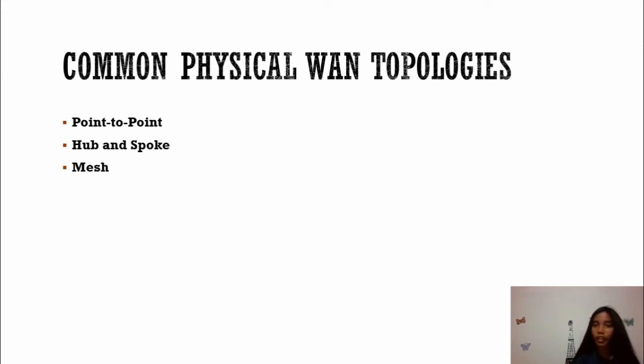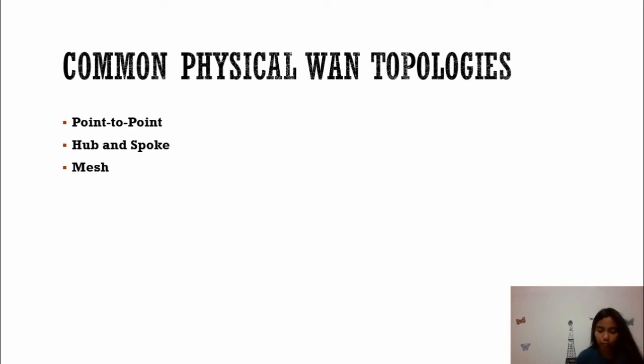So it consists of a hub in the middle, and it is connected with different point-to-point links. For the mesh, that is high availability, but requires that every end system be interconnected to every other system.